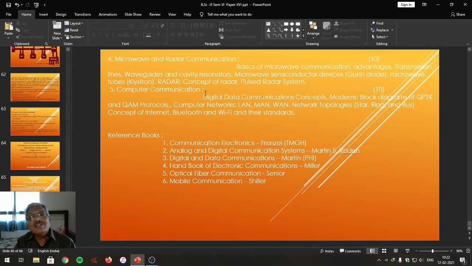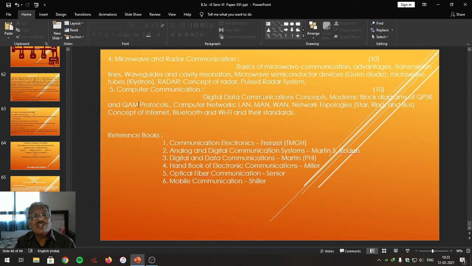We are continuing with the same, with the beginning of what is the meaning of digital data and how digital data is used to understand the concept of electronic communication. Then we are going to study some modems, especially QPSK modem and also the QAM modems.